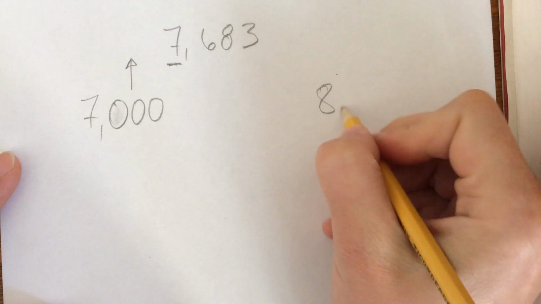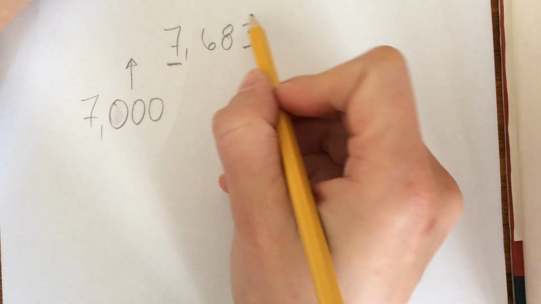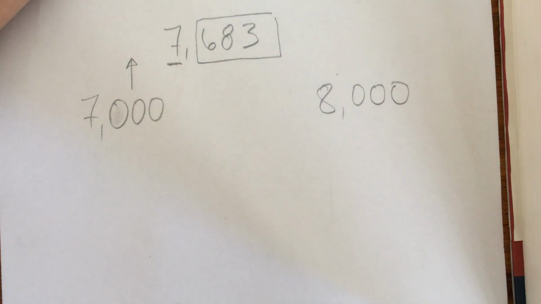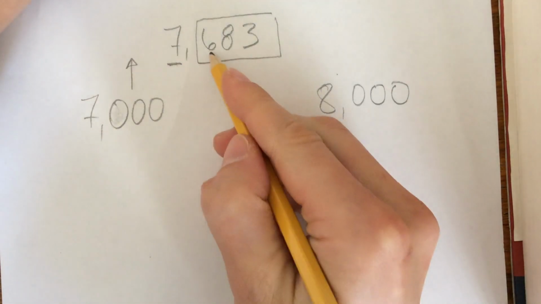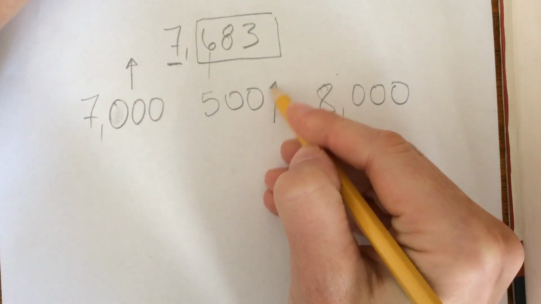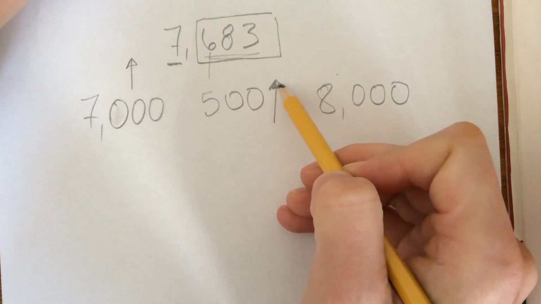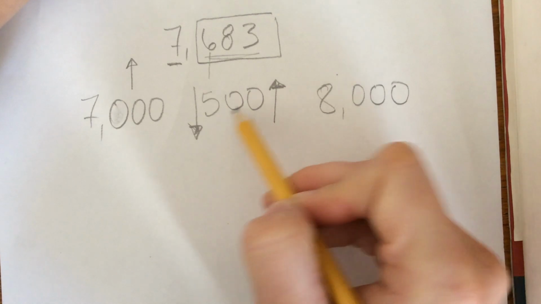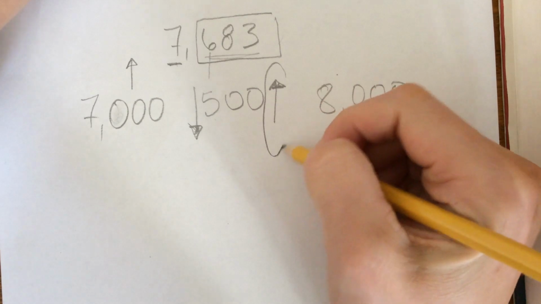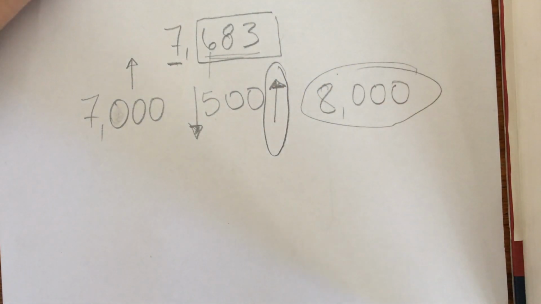And the answer is 8,000. And then I ask them, well, put a square around all the numbers to the right of that, 683. And then I say, is 683 above or below 500? And the answer is 683 is above 500. So we actually round up to 8,000.